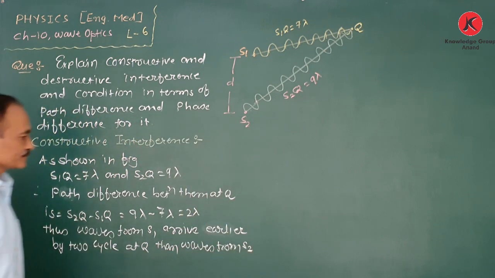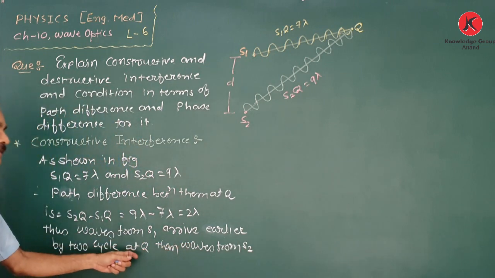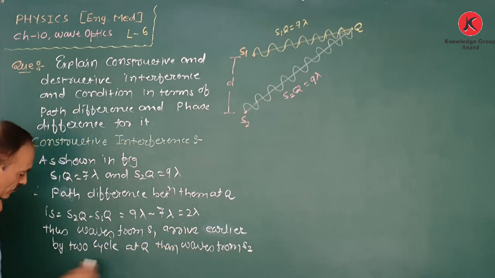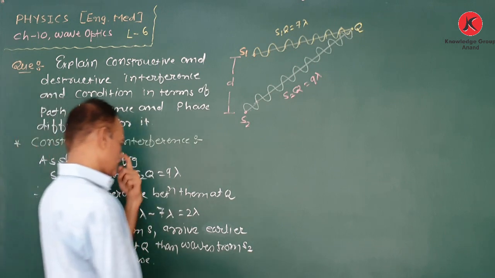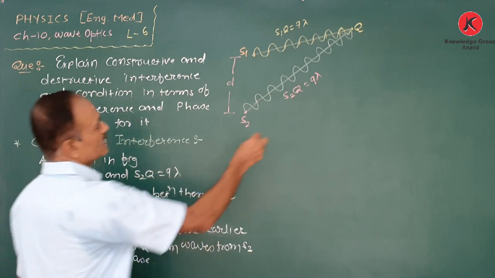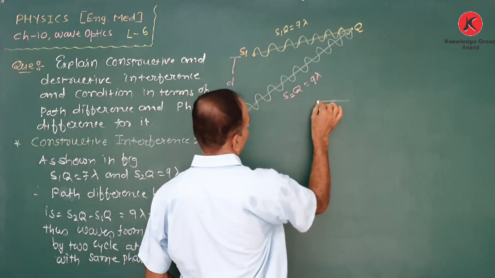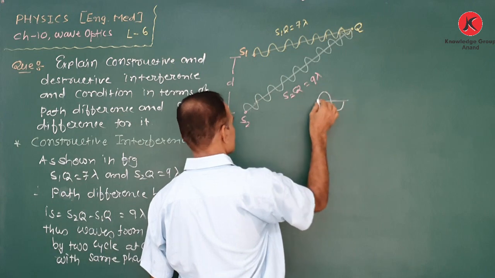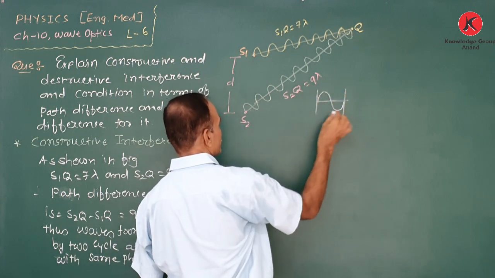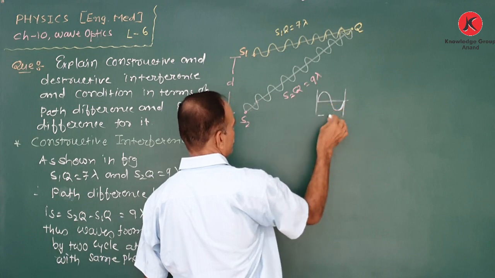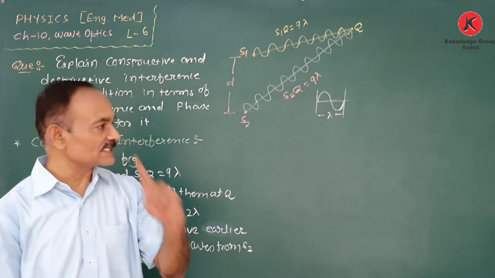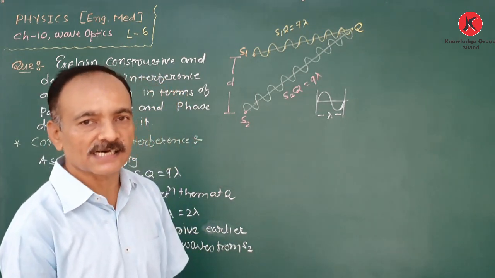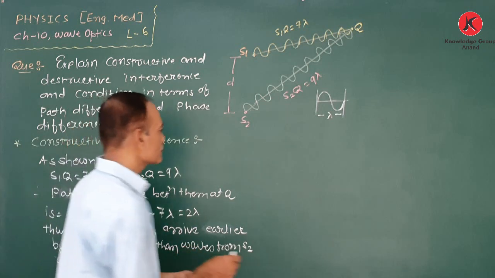Okay. And the phase is the same, with the same phase. Now here, what is lambda? Lambda is this distance. Last time we discussed that the distance between two consecutive crests or two consecutive troughs is known as lambda, or the distance between two points having a phase difference of 2 pi radian is known as lambda.